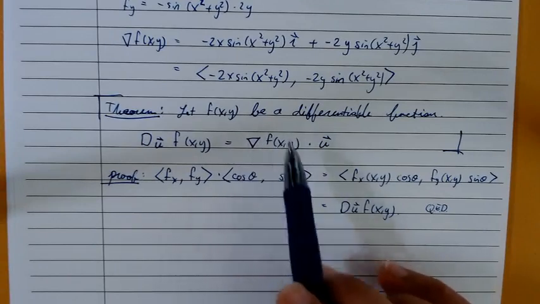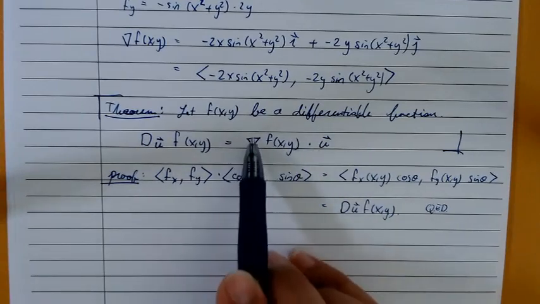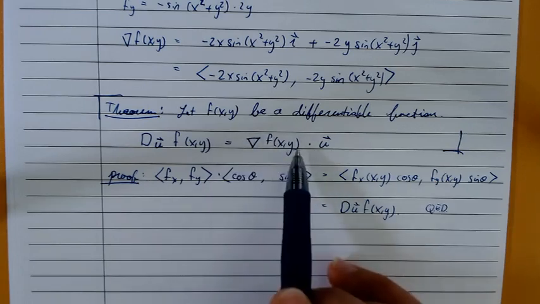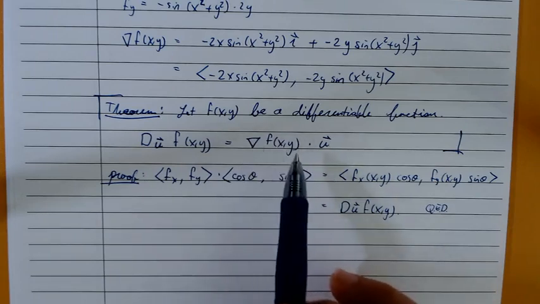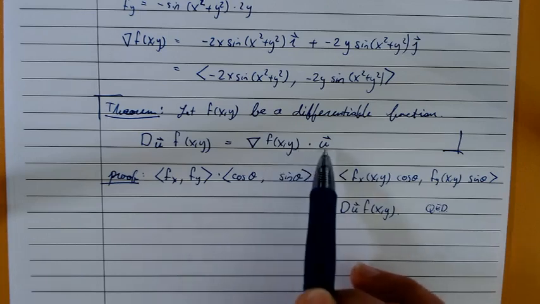It turns out that this operation, which gives us the gradient vector, can be used a bunch of different ways as a vector to either summarize or to more easily compute some rather complicated expressions. Here we see it as a dot product.